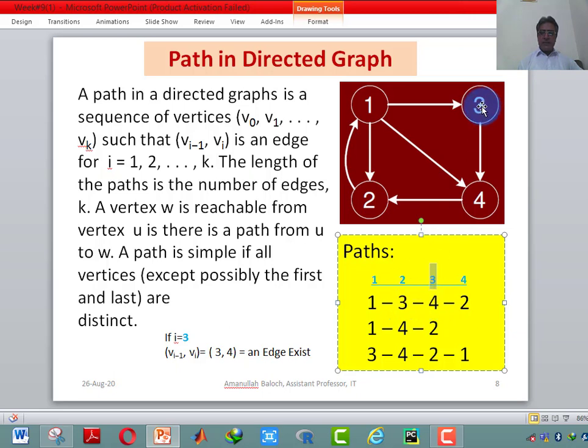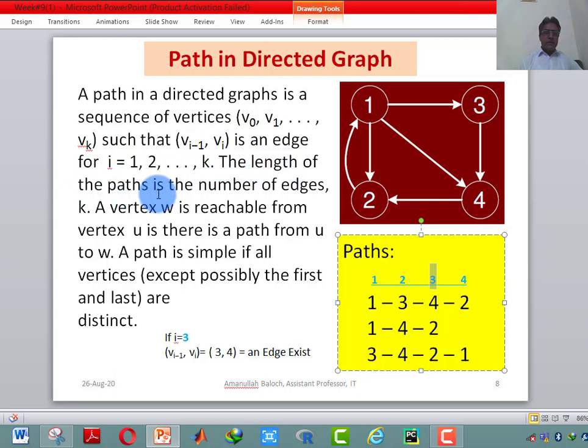From V3 to V4, what is 3 and what is 4? There is an edge. So according to this, an edge exists such that (Vi minus 1, Vi) is an edge for i equal to 1 up to k.